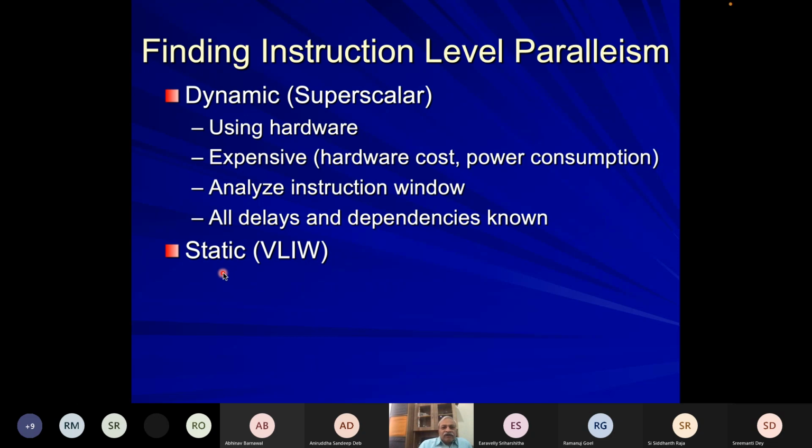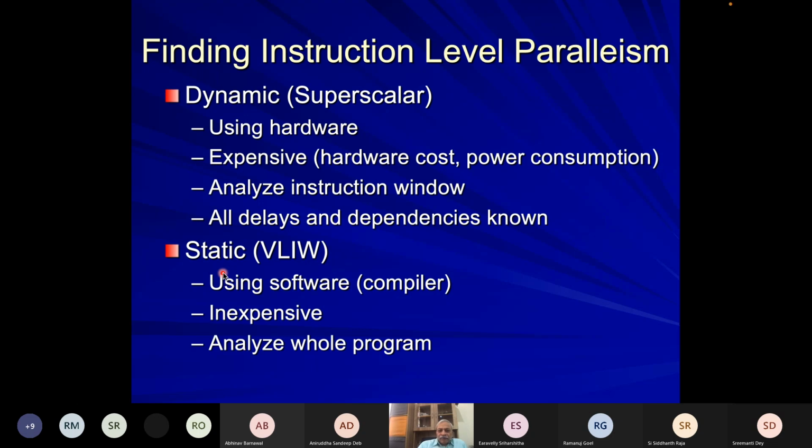And it will generate code in such a manner that hardware need not worry about the dependency. So if the compiler puts multiple instructions in parallel, it has analyzed the dependencies, and hardware can simply execute those. It need not check that at runtime. So this is an inexpensive approach.